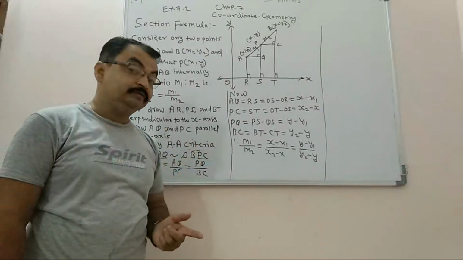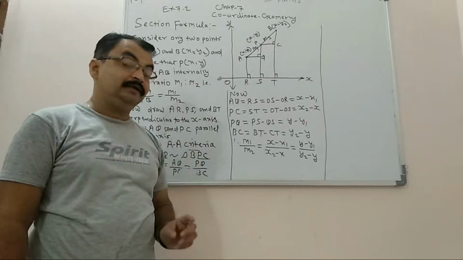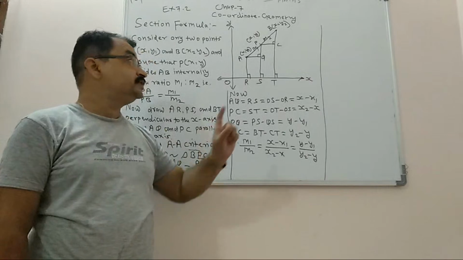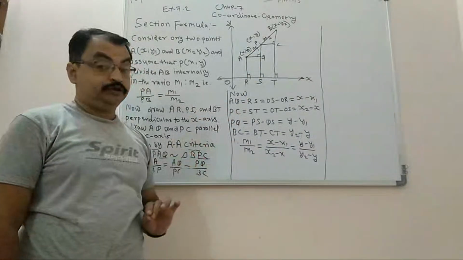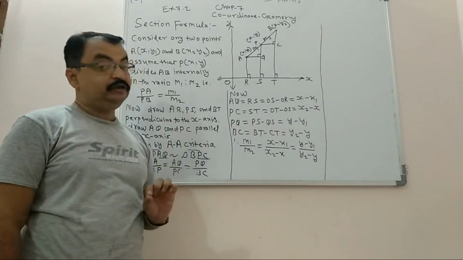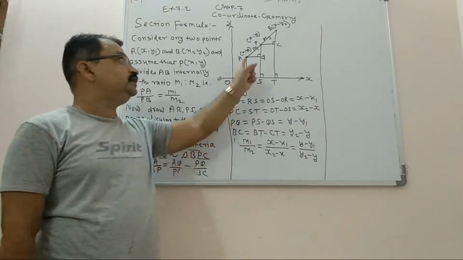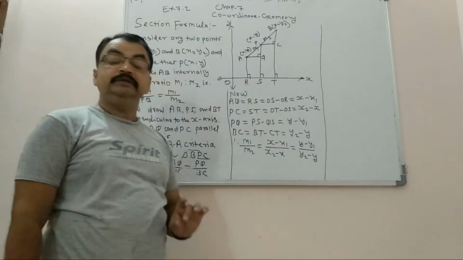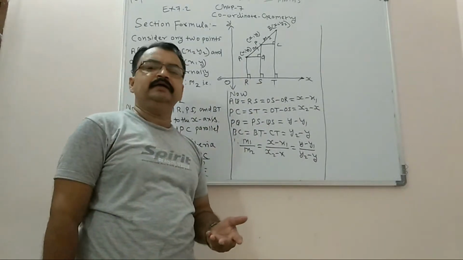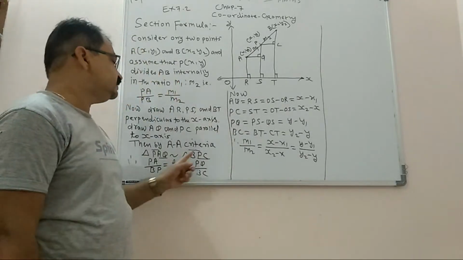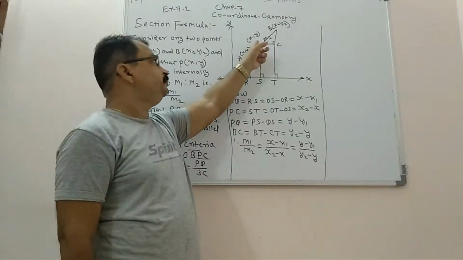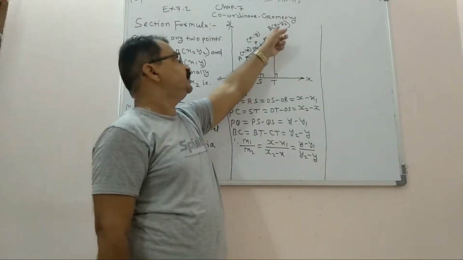You know, if the triangles are similar, then the ratios of all three pairs of sides are in proportion. Any ratio of sides are equal. So this is the only way to bring all three ratios of sides equal: you just make the triangles similar. So by angle criteria, the triangles will be similar. So that I have written angle criteria. Triangle PAQ is similar to triangle BPC.